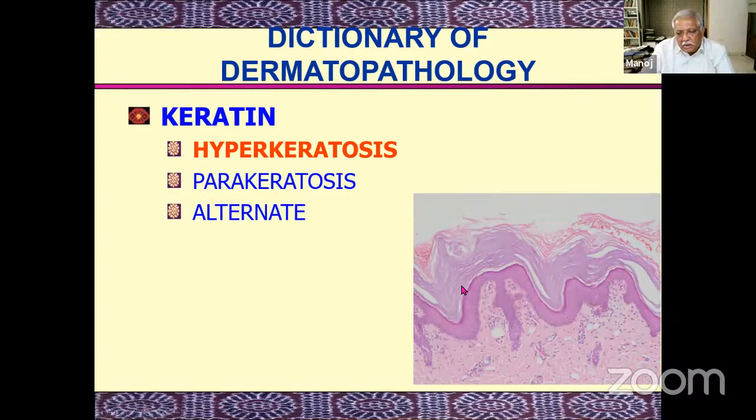And as you saw in the earlier two cases, you had one which was almost normal, like layers and layers of keratin, and one which was very dense. And then the third one you have here, which is actually in between.